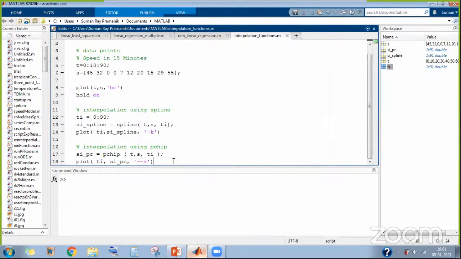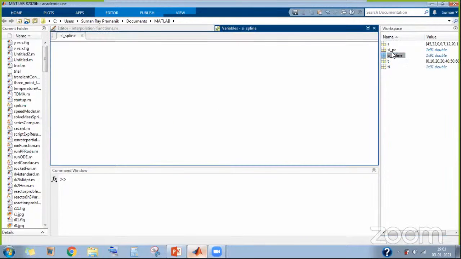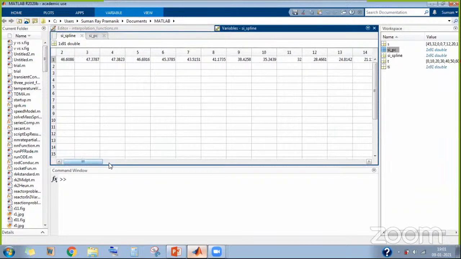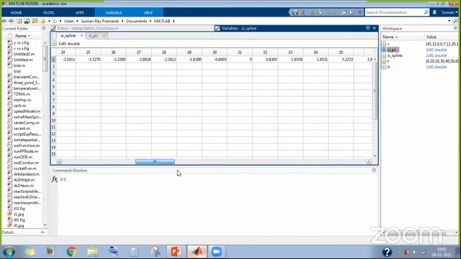Did you get this? We have created 90 points, to know the speed at these points. For the spline one, the first was 45, and it's going on like that for each data point that we want.